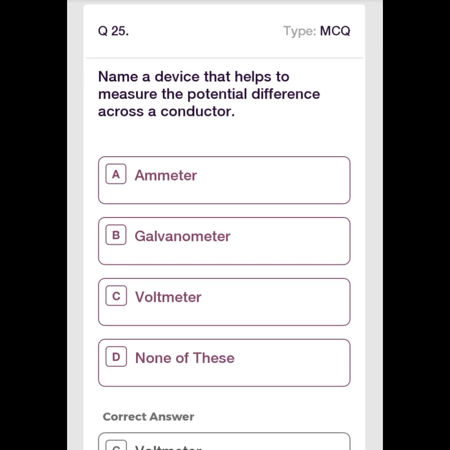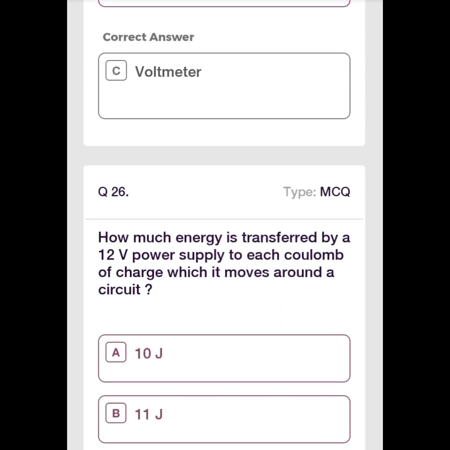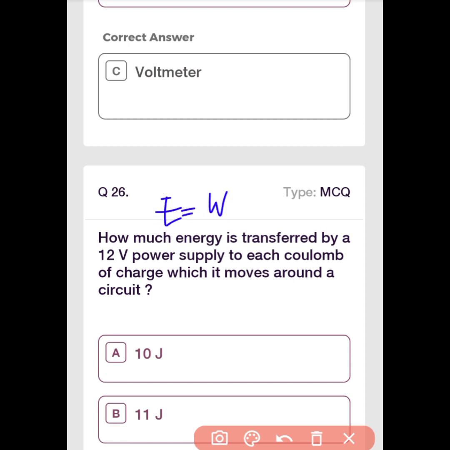Fine. Next question. How much energy is transferred by 12 volt power supply to each coulomb of charge which it moves around a circuit? So here we need to find work done, that is energy. How to find? We know the formula. Work done is equal to V into Q. So here V is given as 12 volt and the charge is given as 1 coulomb.